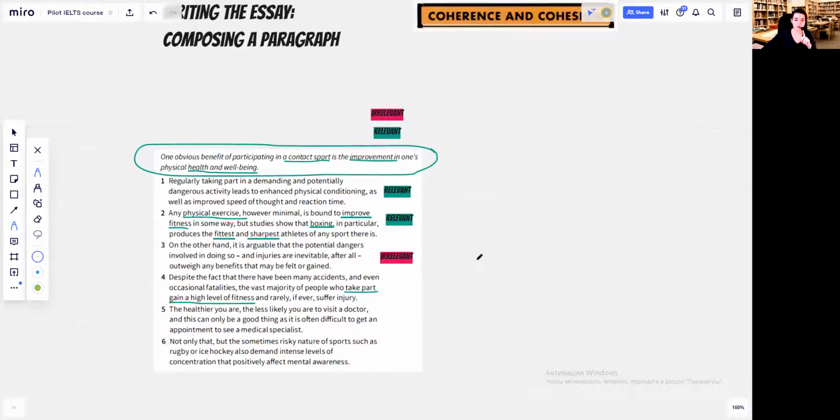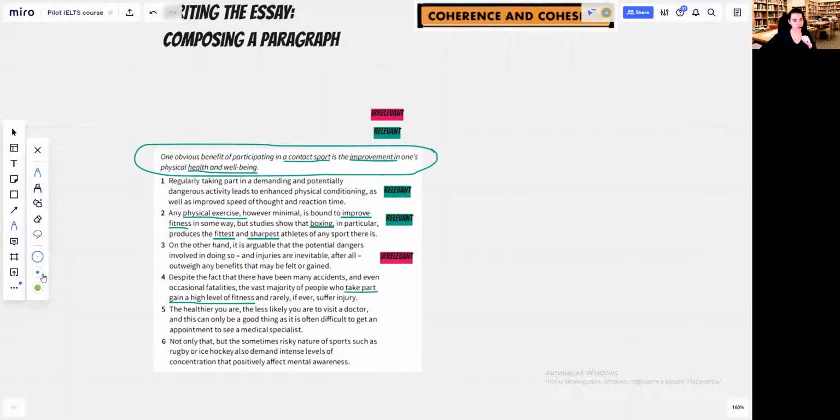However, you could say, well, doesn't this argument actually introduce a counterpoint that there have been many accidents that people suffer injury? And I say yes, but on the whole, this sentence actually reinforces the topic sentence, doesn't it?